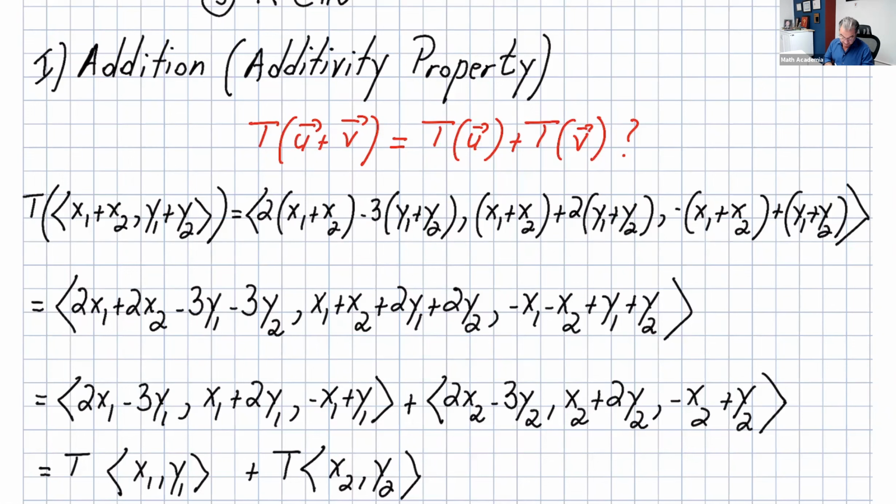Just write the first component as 2x1 minus 3y1, and then the first component of the second vector as 2x2 minus 3y2. You can separate the second one again: it was x1 plus 2y1 plus x2 plus 2y2.